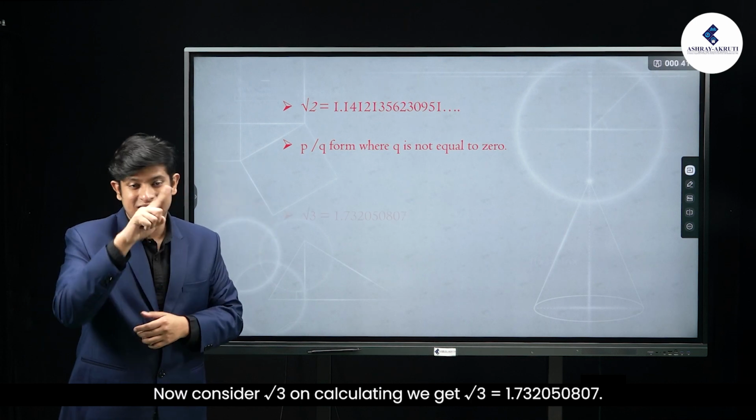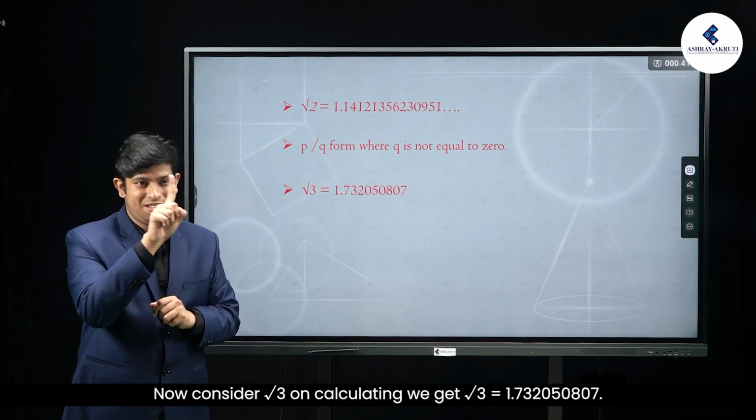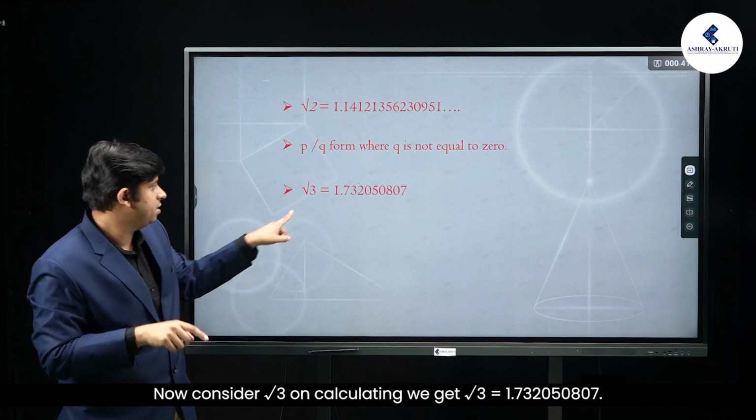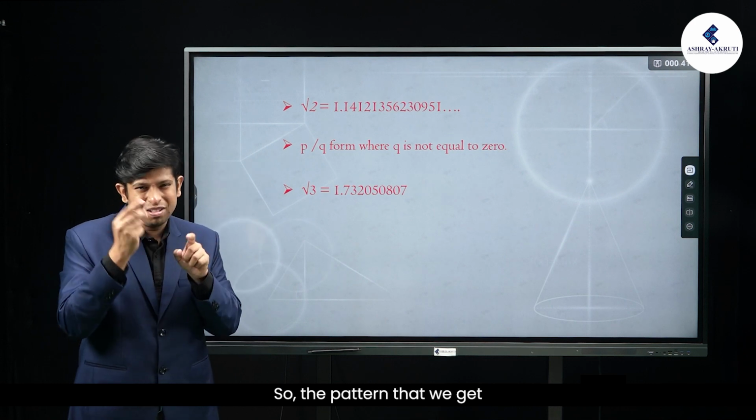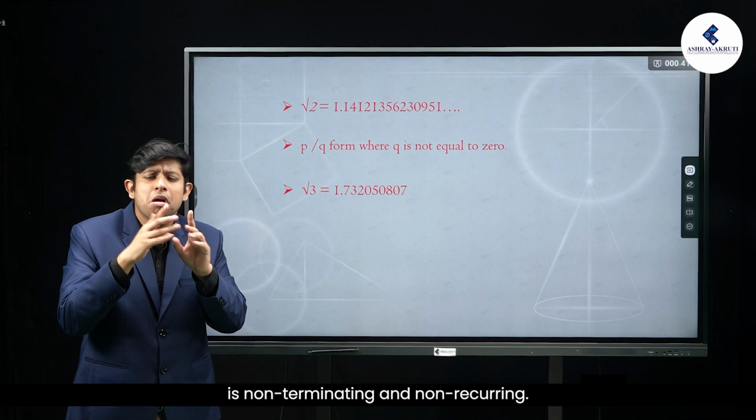Now consider root 3. On calculating, we get root 3 is equal to 1.7320 and so on. The pattern that we get is non-terminating and non-recurring.